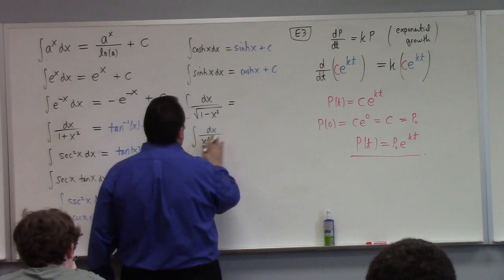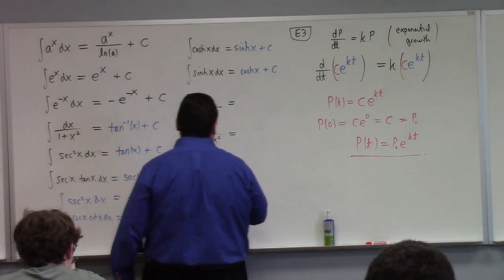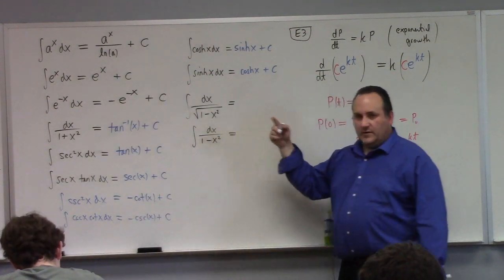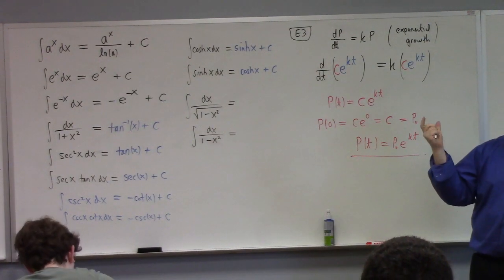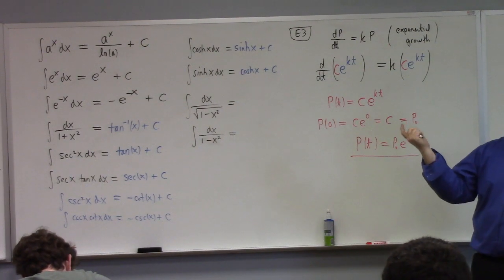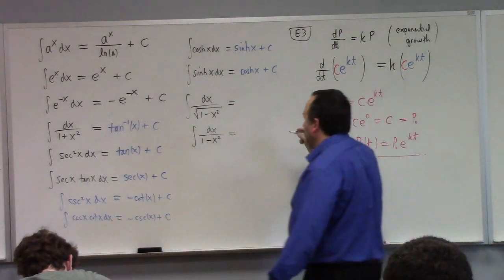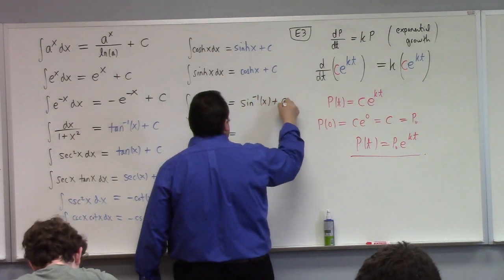Wait a minute. No, 1 minus x squared, I think it was. 1 over the square root of 1 minus x squared has a domain of minus 1 to 1, because that is the range of sine. This is the derivative of inverse sine. So this is inverse sine of x plus a constant.